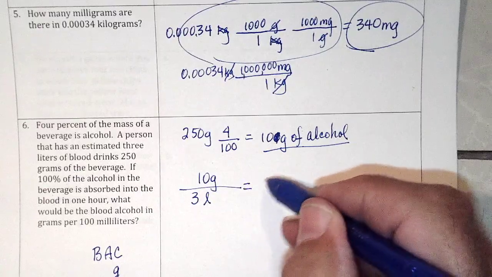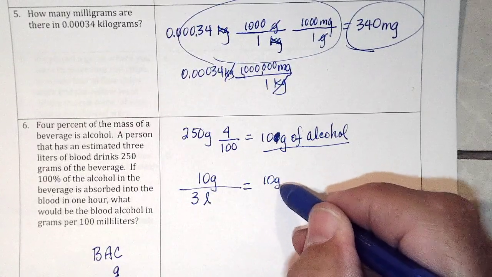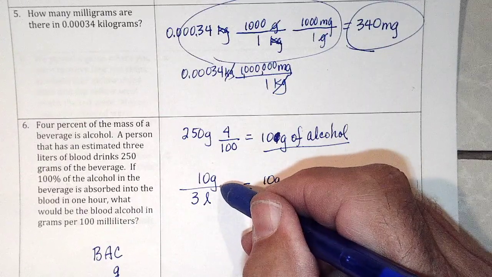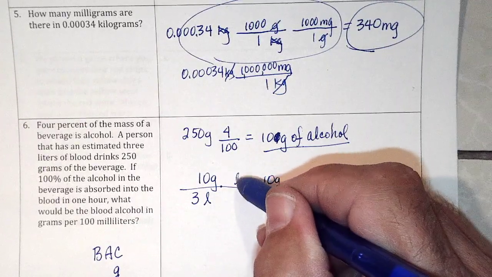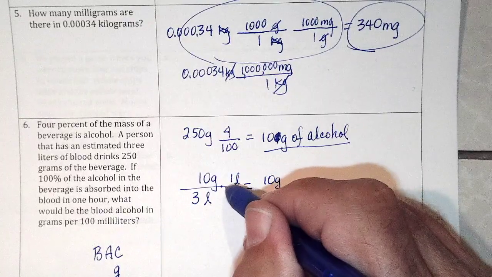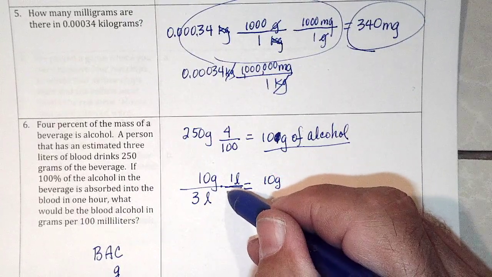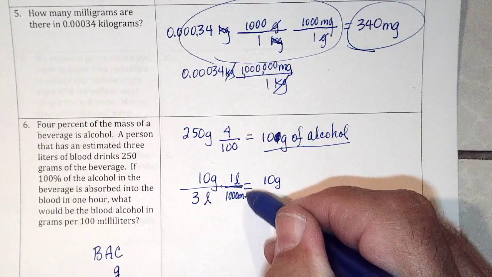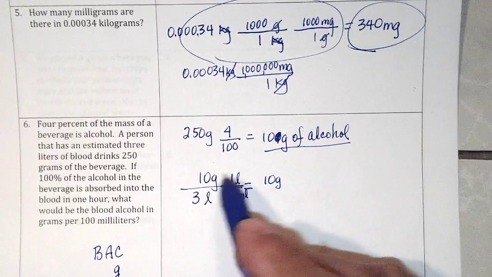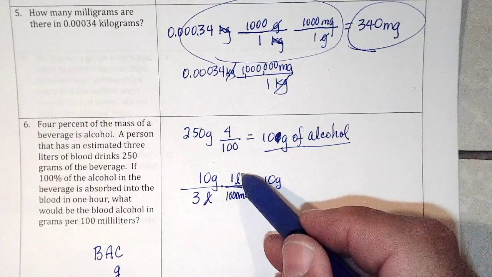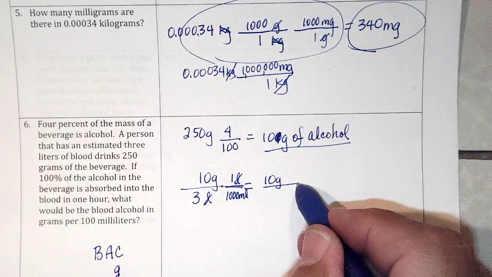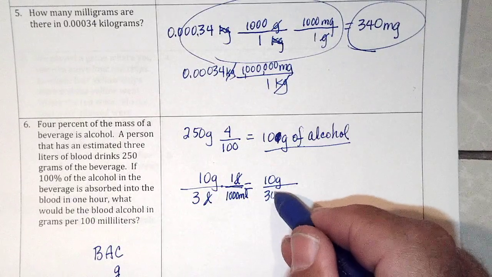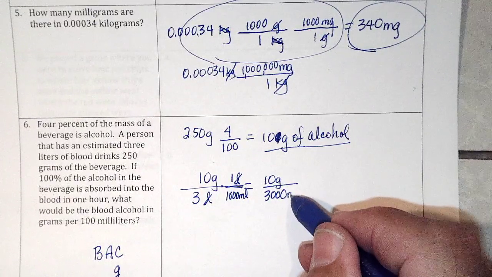So this would be 10 grams. We need to convert this liters, so we need to get the liters out. And 1 liter is 1,000 milliliters. So that would convert the liters, and so we have 10 grams per 3 times 1,000, 3,000 milliliters.